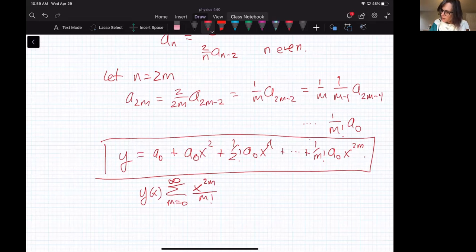Oops, sorry. There's an a naught in here. Y of x is equal to a naught, some constant. So what is that? Equal to some constant times what? E to the x squared. Right, e to the x squared.